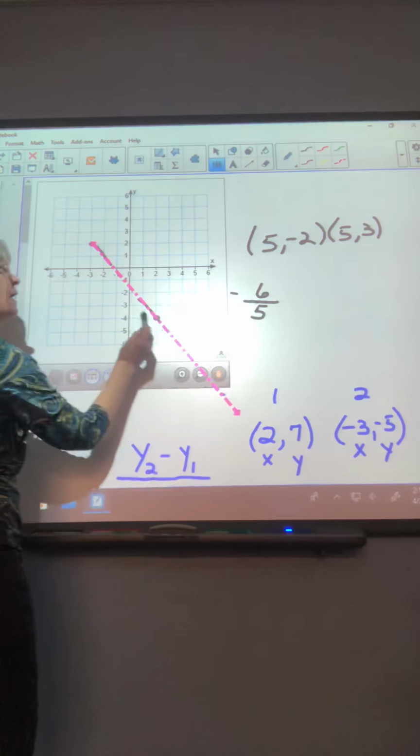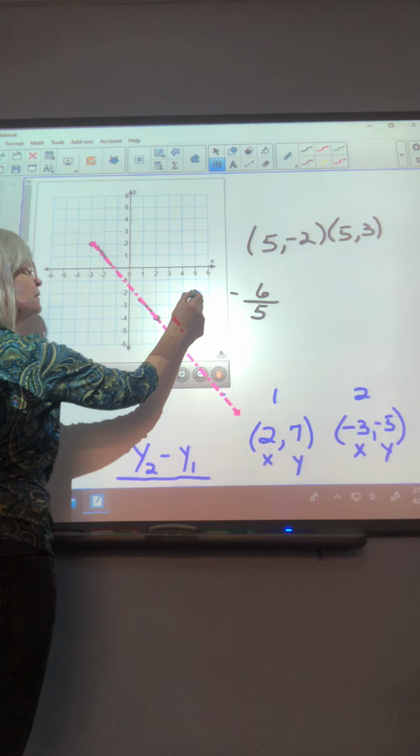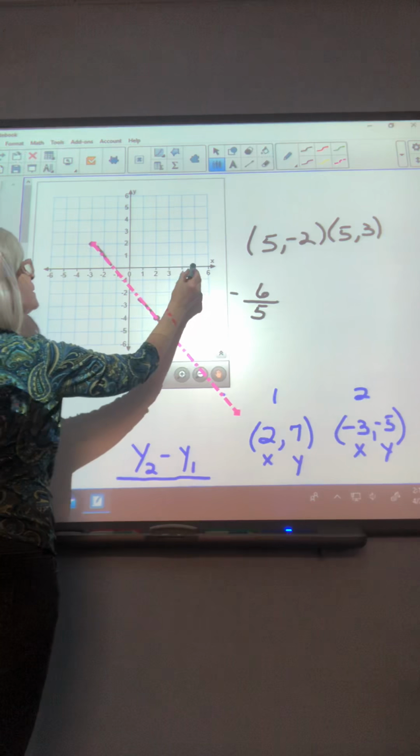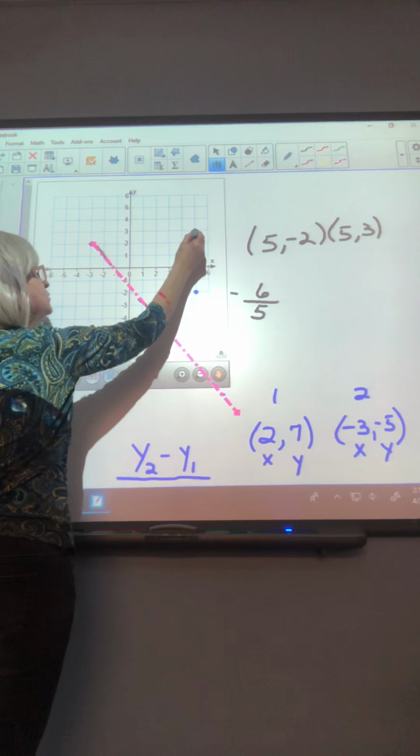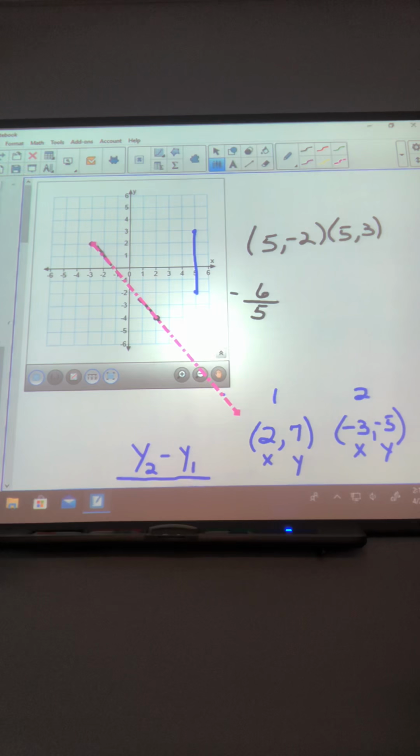And so if we were plotting that, we would have 5, -2, and then we would have 5, +3. So you can see how those 2 points make that undefined slope.